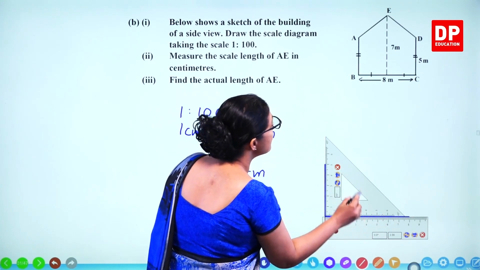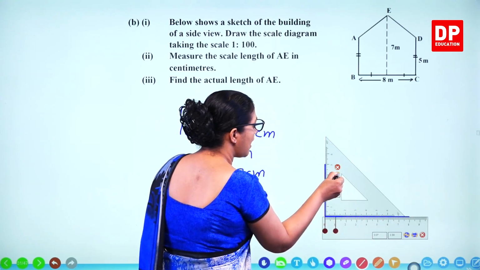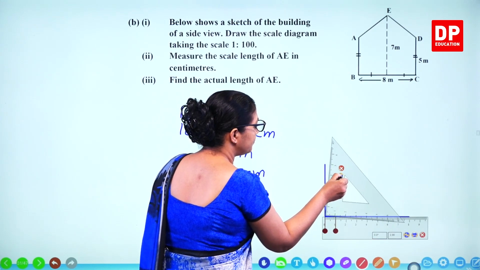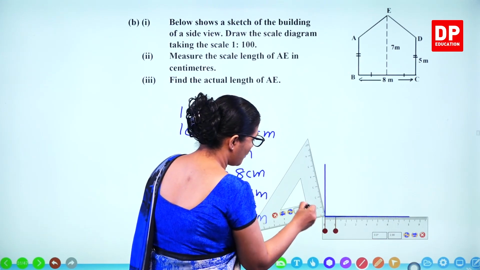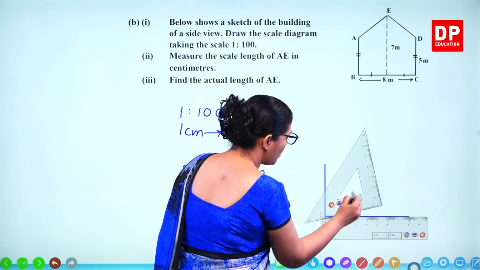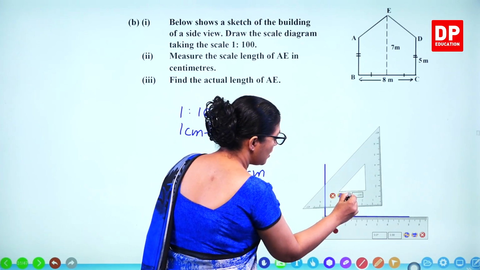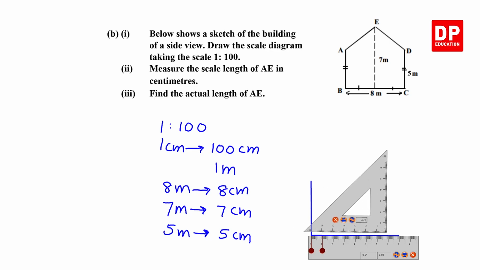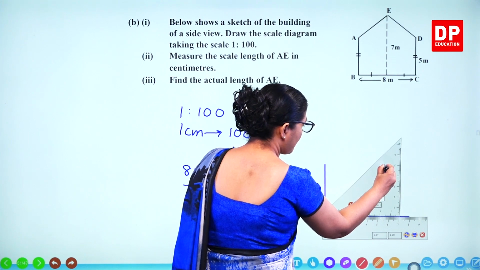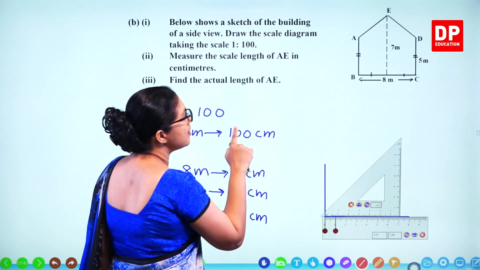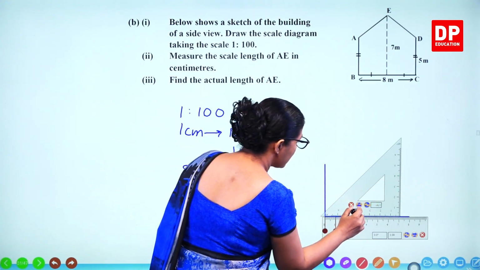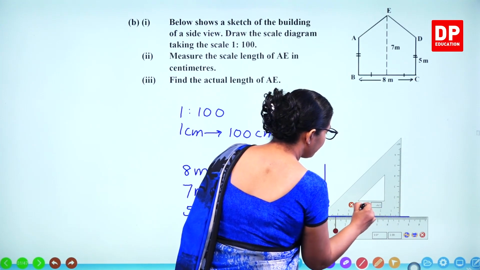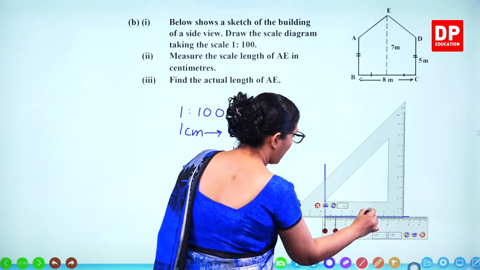8 centimeters again you can measure from here. So 6 is there, 8. So we have to take other way round. So we'll take that other way round and measure. So you can first take 8 centimeters.